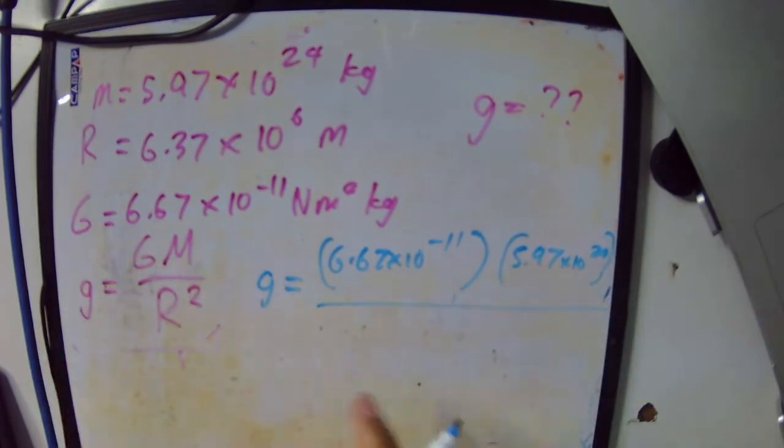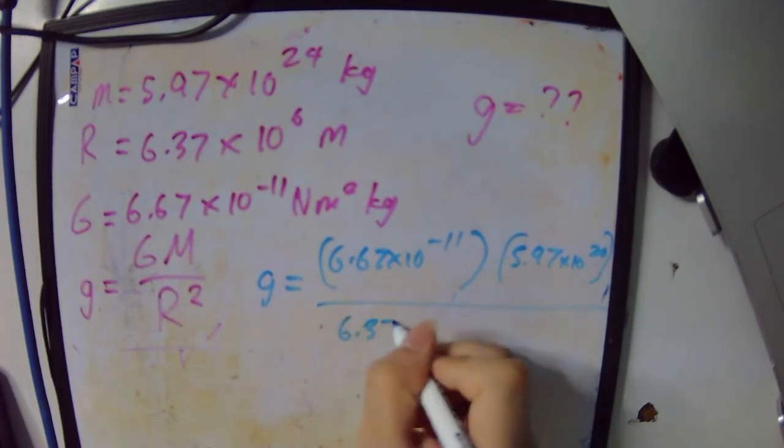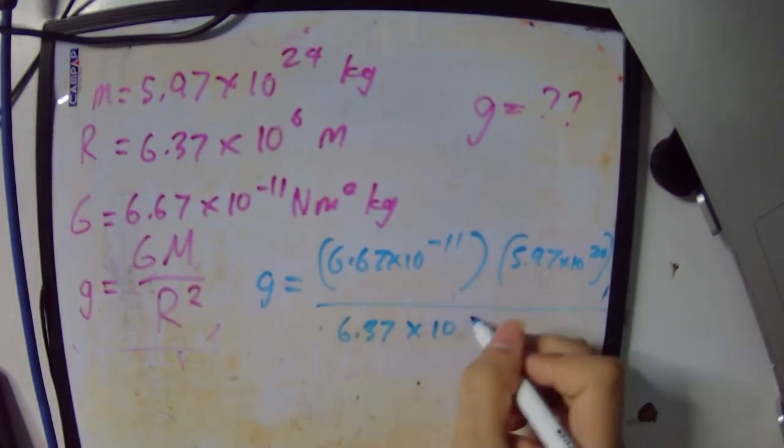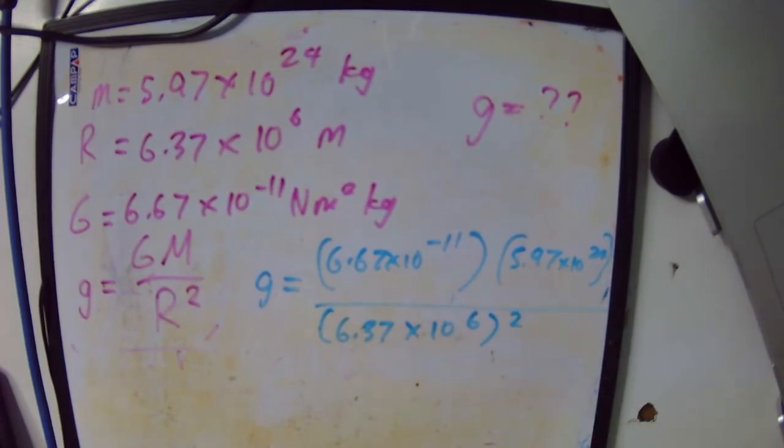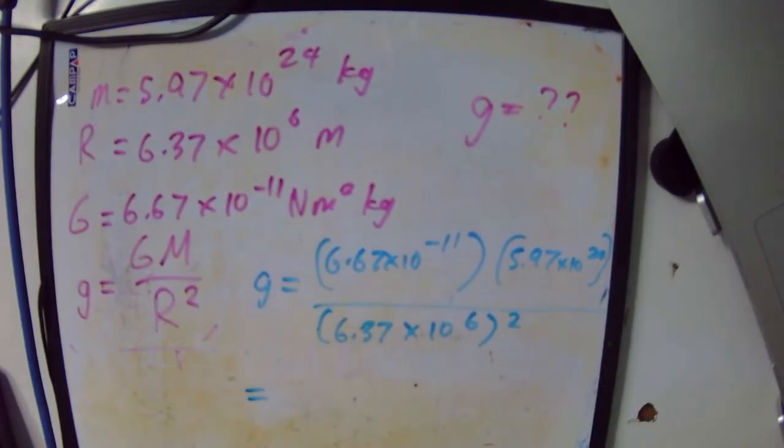And over radius, but you remember you have the square, so 6.37 times 10 to the power of 6, squared. Okay, and your final answer is what? It's actually in your textbook, so can someone read the final answer? How many newtons?